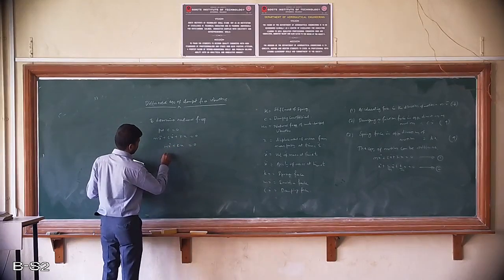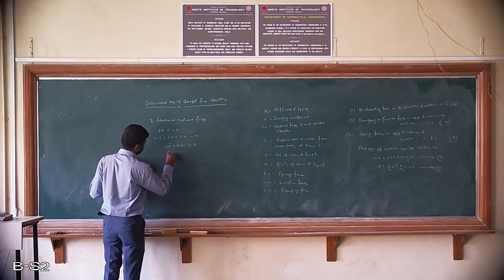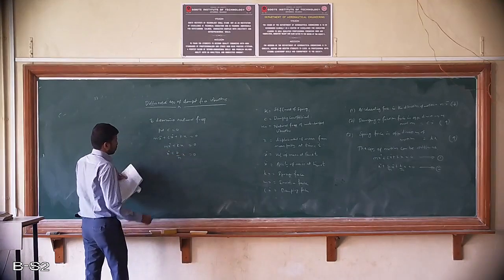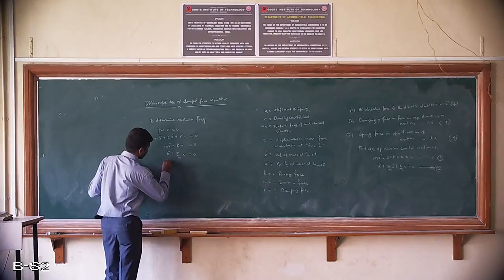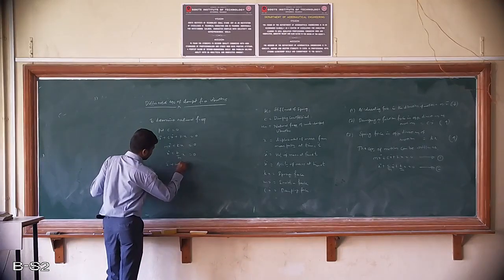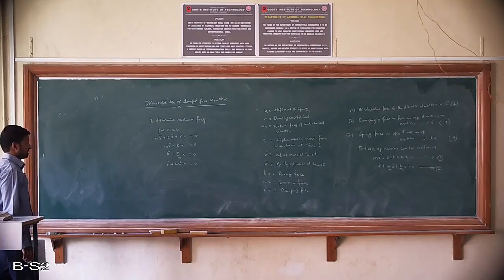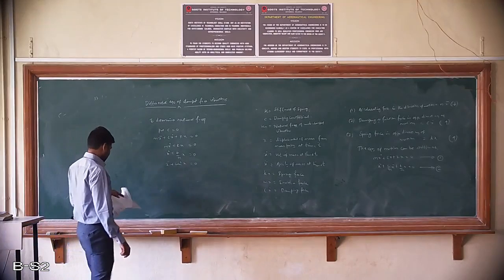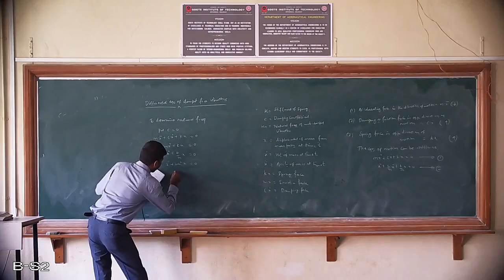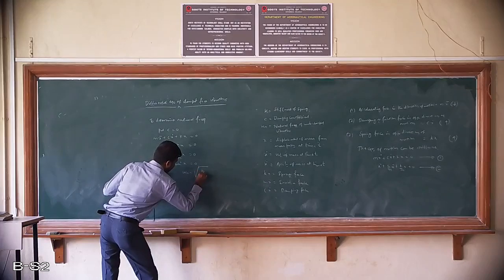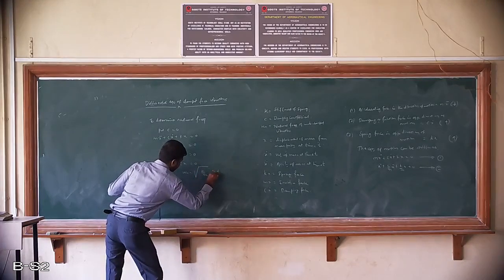I can write this equation as x double dot plus k by m into x is equal to 0. So I can compare this one with x double dot plus omega n square into x is equal to 0. Now compare the coefficients of x double dot and x. So I can find out the value of omega n as under root of k by m radian per second.